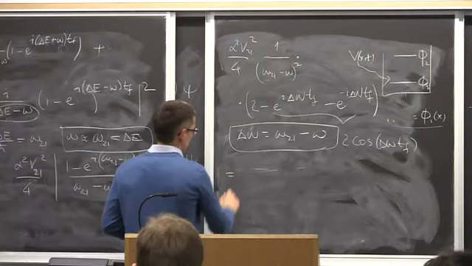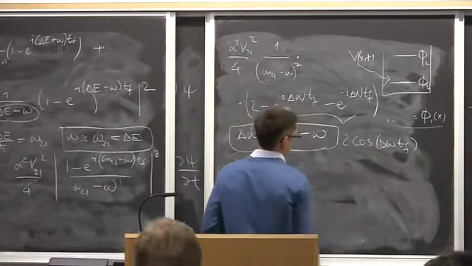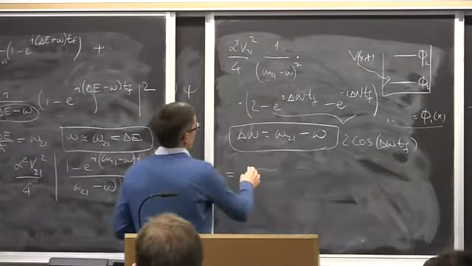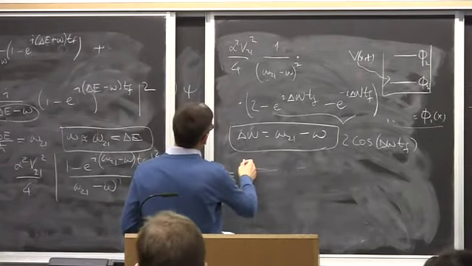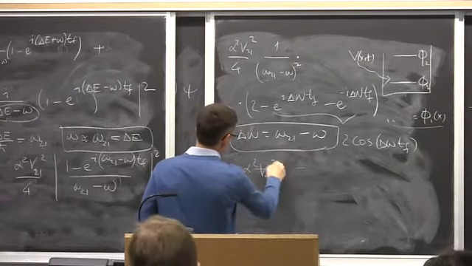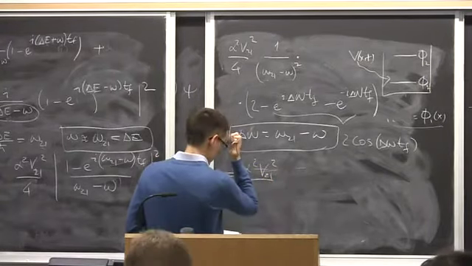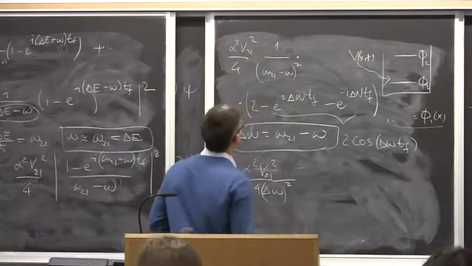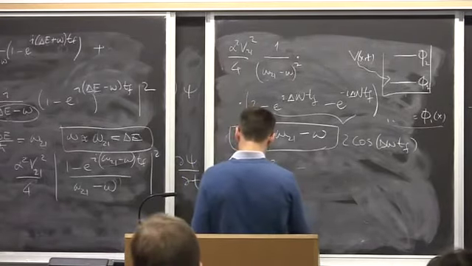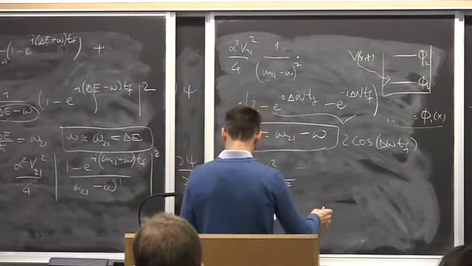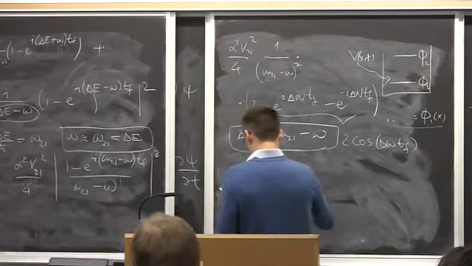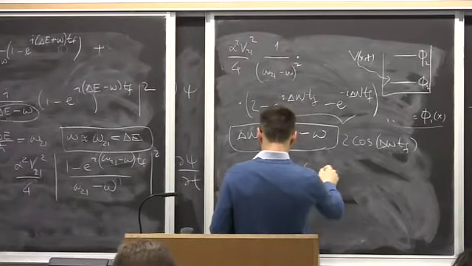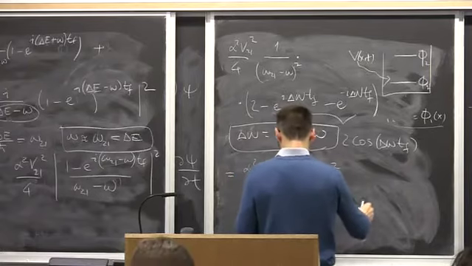And the whole expression, if we represent cosine of this argument as 1 minus sine of half of the argument, right, then we'll get alpha squared v_21 squared divided by 4 delta omega squared, and there should be 4 sine squared.